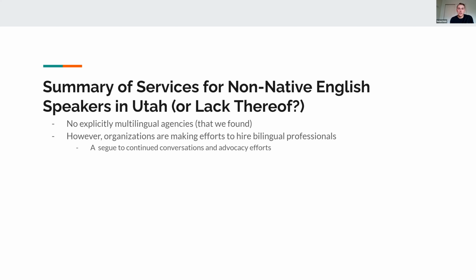And so I think our hope, as we see some of these agencies, is that these can be a segue to continue conversations and other advocacy efforts, whether that's the continued expansion to various languages and cultures in these agencies, obviously hoping that just additional resources and supports become available through additional agencies or other community resources.